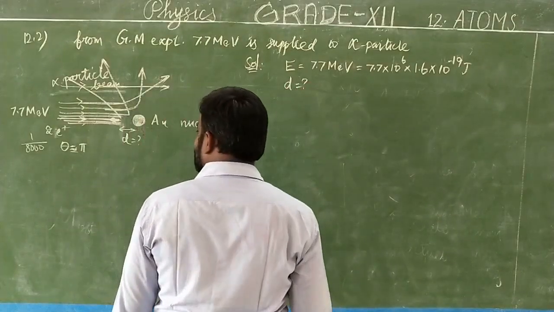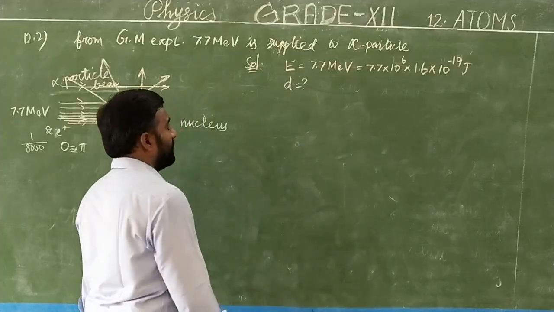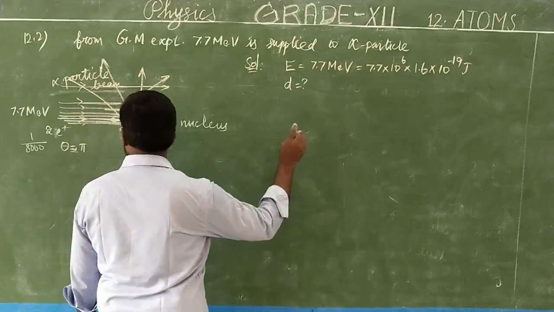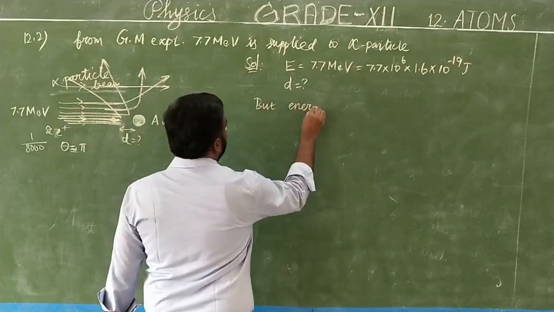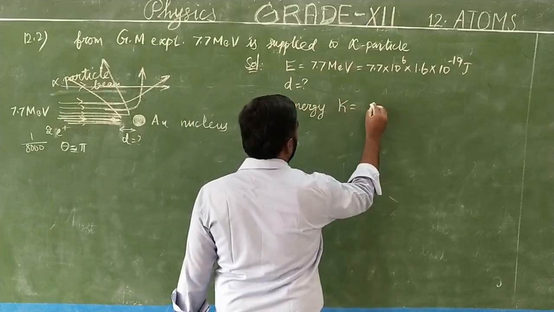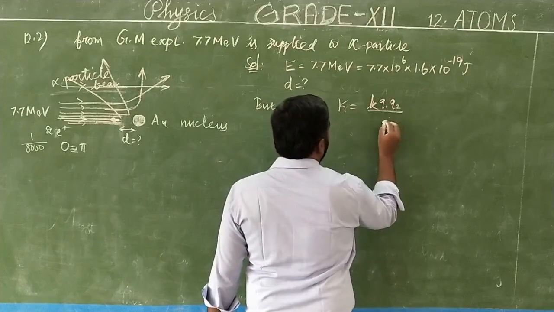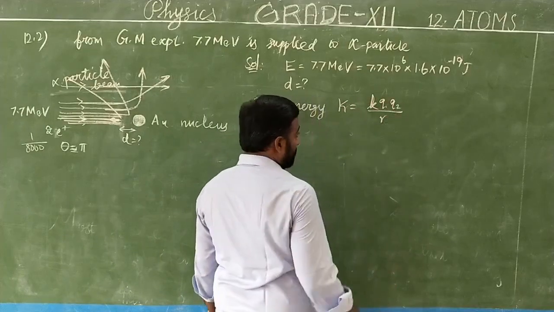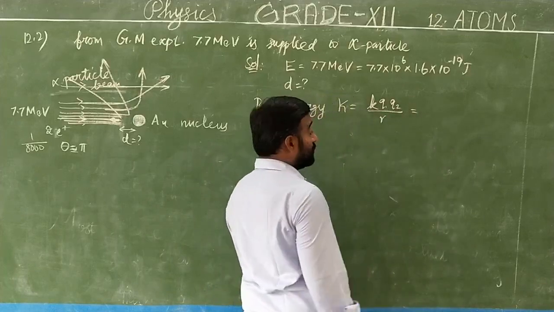Also, we know the energy formula. What is the energy formula? The electrostatic energy K is equal to the proportionality constant k, Q1 Q2 by the distance R. But what is the proportionality constant? From the electrostatics chapter we know the value.